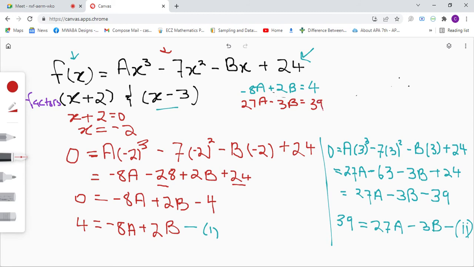I can see these two equations can be simplified further to make life easier.